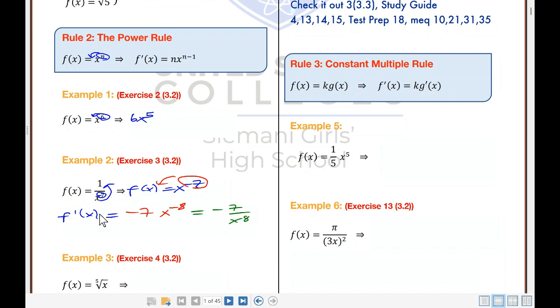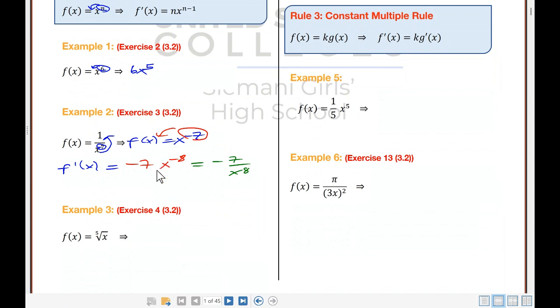All right. So we may have fractions, so we should move the variable to the numerator. We may have radicals as well, so we should turn the radicals into fractional exponent form.